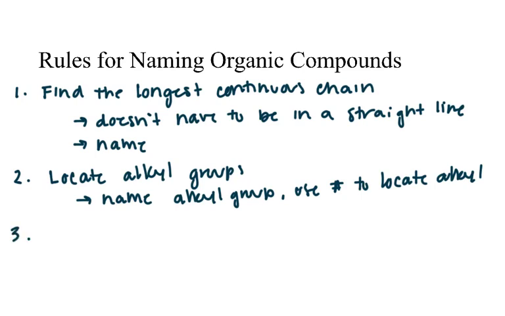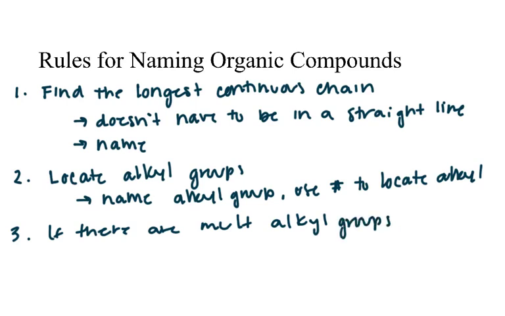And our last one here, step 3, is if there are multiple alkyl groups, and multiple of the same alkyl group, you're going to use a prefix in front of the alkyl group.